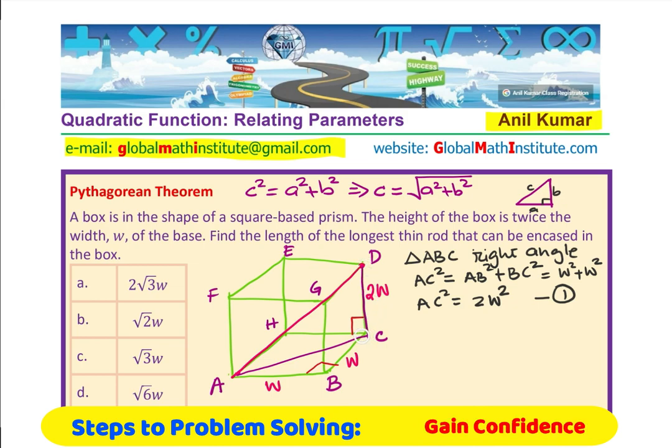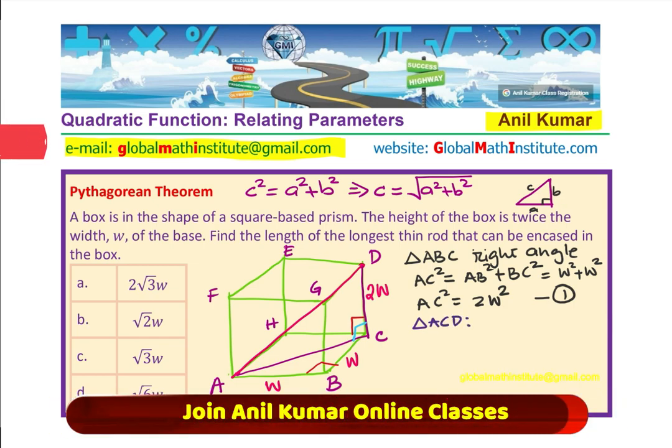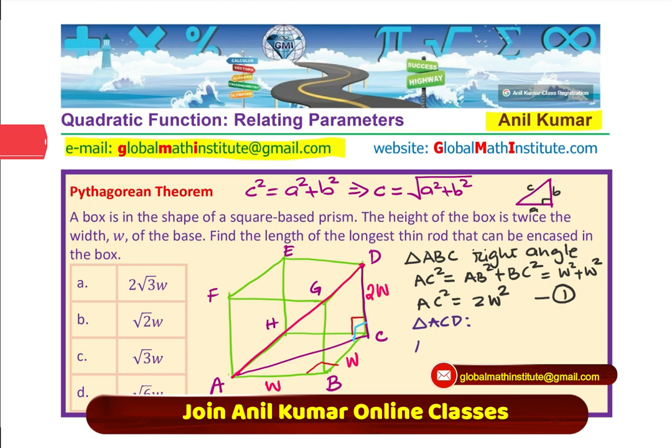Look at this triangle, which is also a right angle triangle, since this is on this particular plane. So in the triangle ACD, we can find what AD is. AD square will be equal to AC square plus DC square.